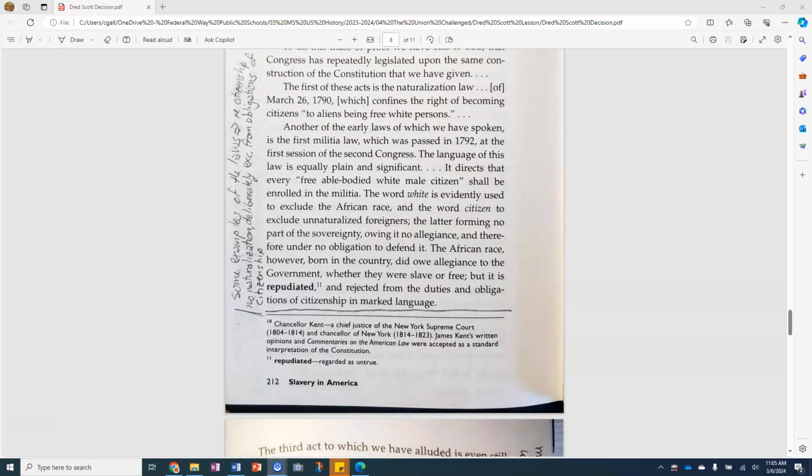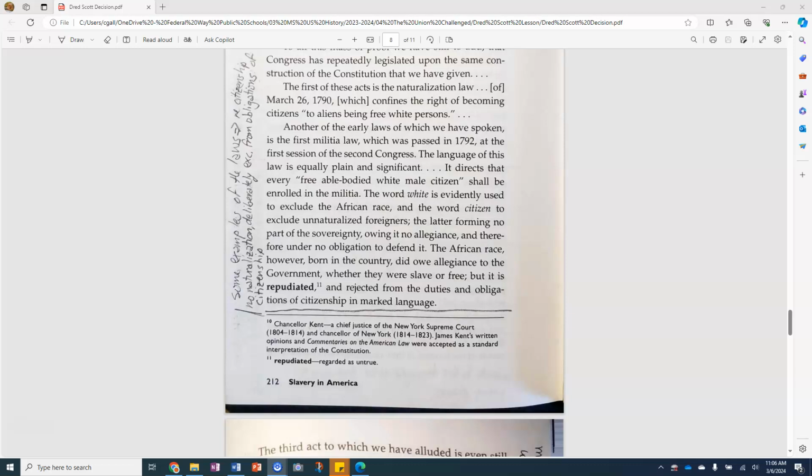He says they have to be enrolled in the militia. That's what the law says, right? White excludes blacks, excludes free or enslaved blacks. Okay. And the word citizen means excluding unnaturalized foreigners. So people who have not yet become citizens of the United States. The latter, and now he's talking about the foreigners, right? The folks who have not been naturalized, forming no part of the sovereignty and owing it no allegiance.